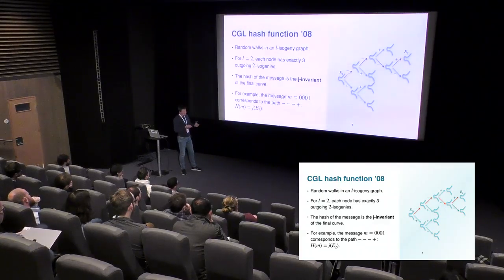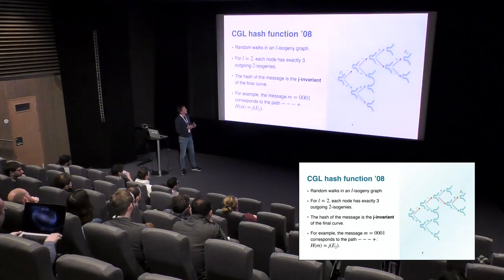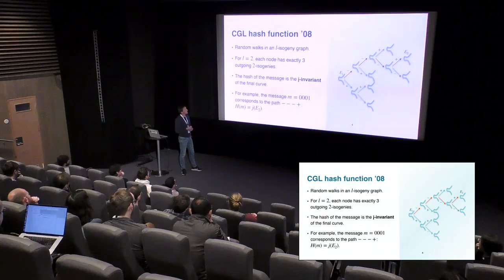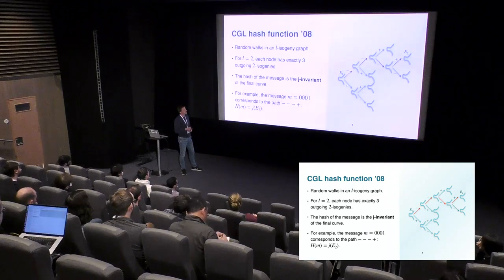Normally you take the isogenies of degree 2, so the isogeny which has a kernel with 2 points, which is called a 2-isogeny. If you are at some elliptic curve, there are 3 outgoing 2-isogenies from this elliptic curve. And you can do a random walk, where at each step you consume 1 bit of a message.